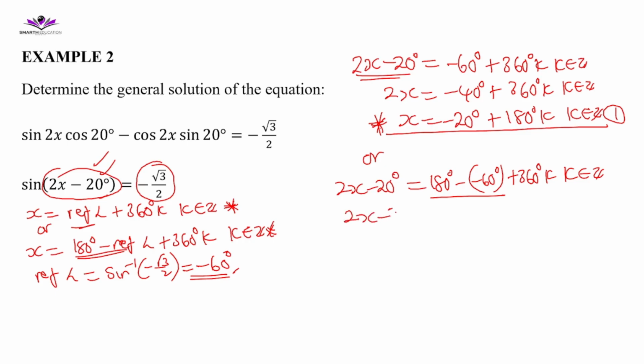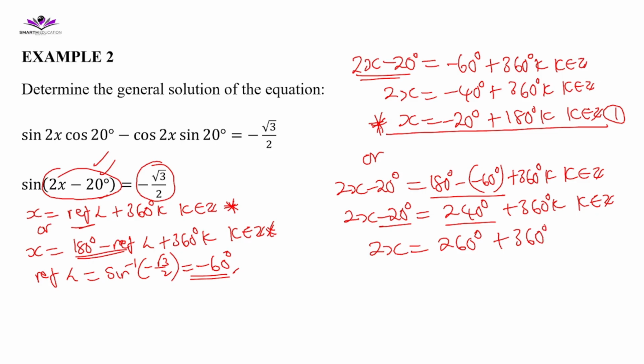So 2x minus 20 degrees is equal to 240 degrees plus 360 degrees times k, where k is an integer. Add 20 degrees on both sides of the equation: 2x is equal to 260 degrees plus 360 degrees times k. Then divide everything by 2: x is equal to 130 degrees plus 180 degrees times k, where k is an integer.